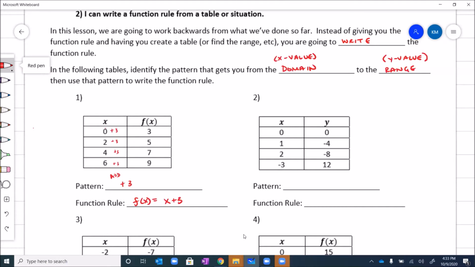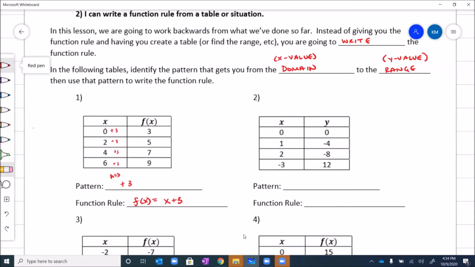Now for number 2, let's use that same thought process. Remember, we're not saying we subtract 4 every time, because that's a pattern of the y's. It's not telling us our function rule. The pattern we're looking for is what happens from x to y. Here I could say I just add 0 each time. Does that work the next time? No, it doesn't. So I need to find a different way to get from x to y. Getting from 0 to 0, I can do that a thousand different ways, so let me see what happens next.